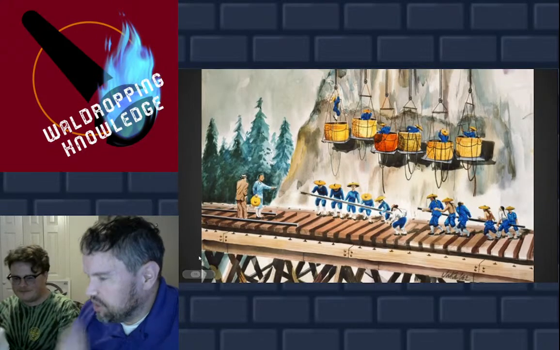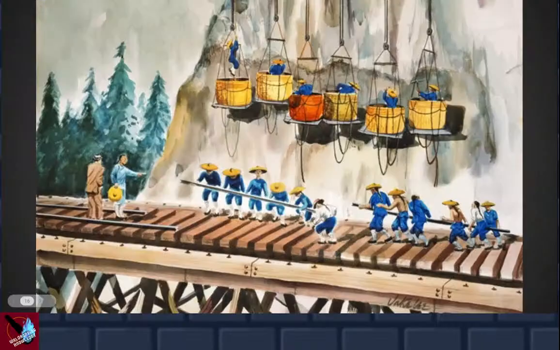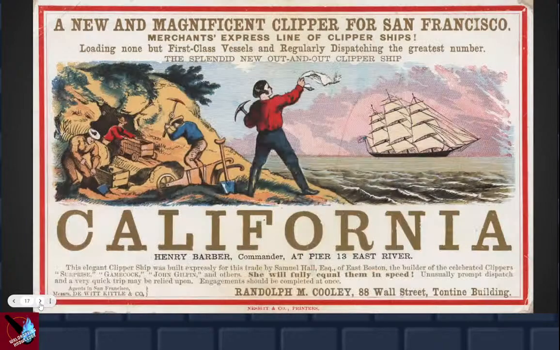Now, when we talk about the railroad, we always have to talk about who built the railroad. And the railroad was really built, at least coming out of the West, on the backs of immigrants coming from China. Now, I don't think you're going to see this image on the LEAP test, but you could see one similar to it.